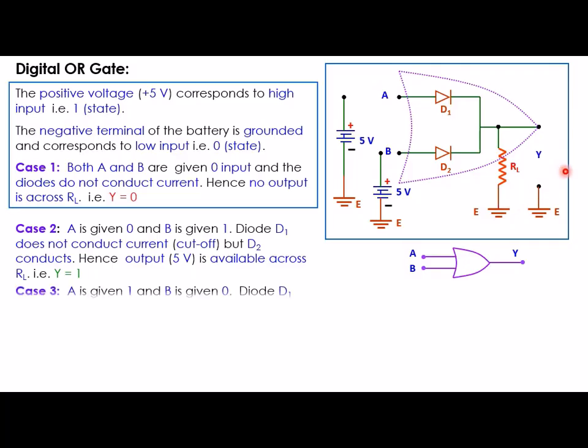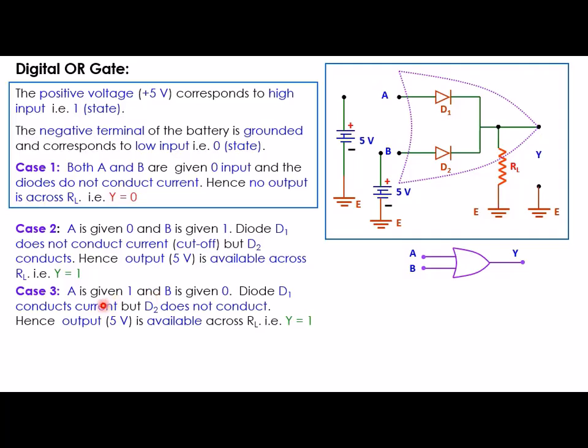Now in case 3, suppose diode A is given high, 1, plus 5 volt, and diode B is given 0 volt. Now in this case D1 is conducting because it is forward biased, and D2 is not going to conduct because it is not biased at all, because this side is also 0 volt and this side is also 0 volt.